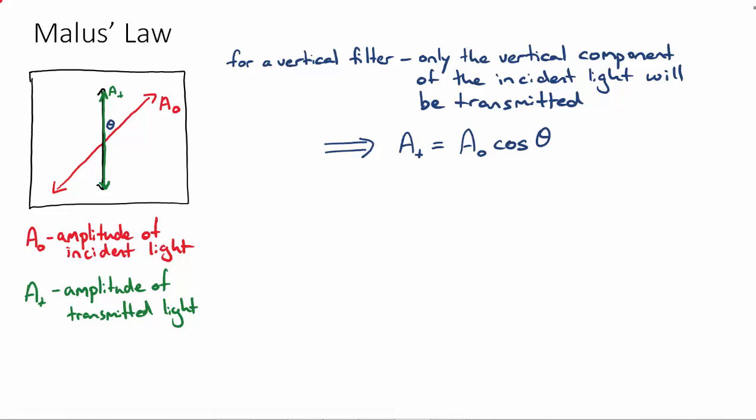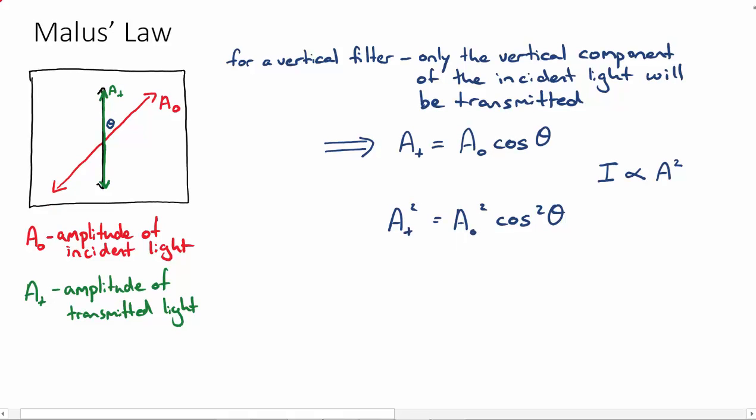I'm going to use a little trick here. If you recall back to just a couple of weeks ago, the intensity of the light is proportional to the square of the amplitude of the light. So if we do a tricky thing here, if we square both sides of this equation, then we have a square of the amplitude on one side and the square of the amplitude on the other side.